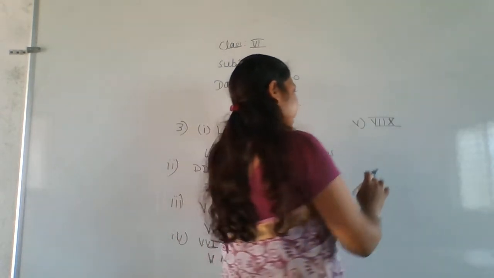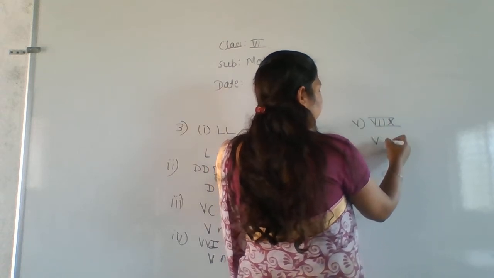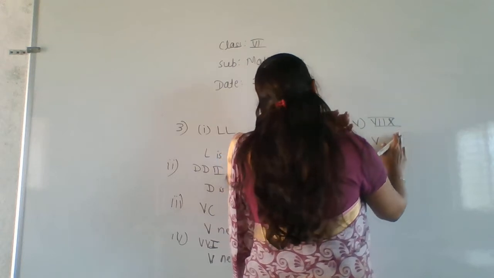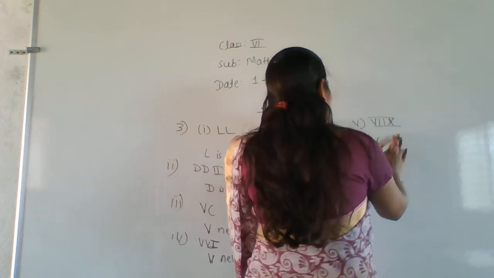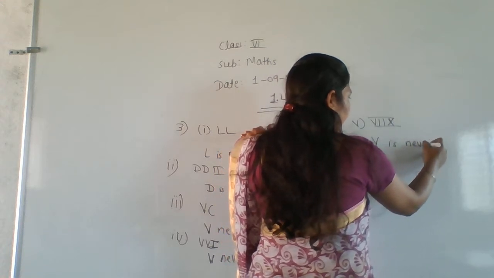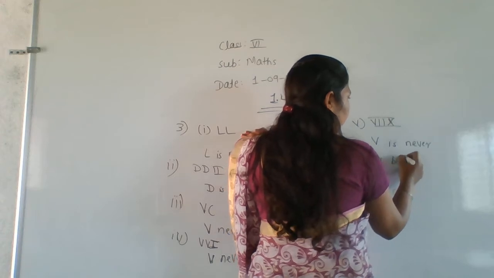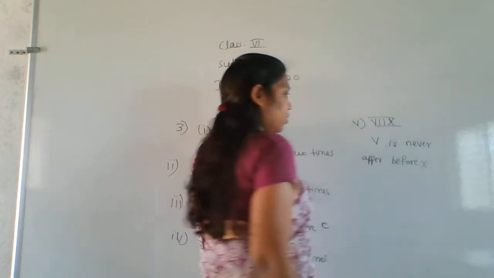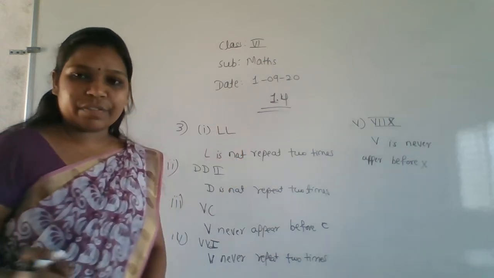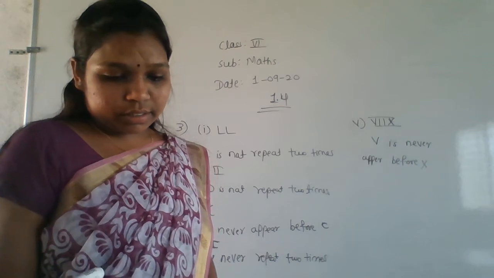So here write that 5 is never appearing before X. That is the reason. 5 never appears before X. Before X it will never appear. Okay, so next.